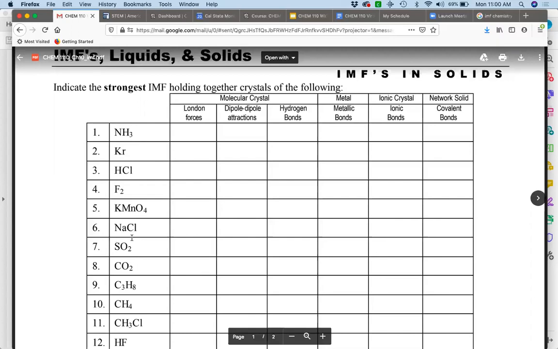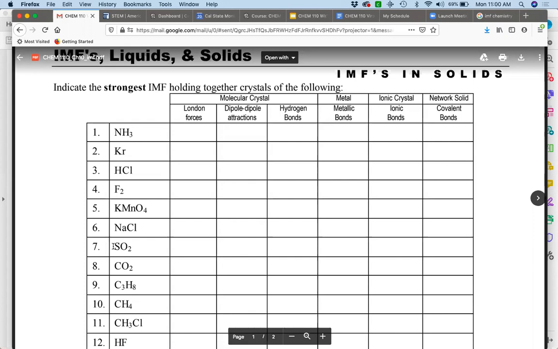So if we think about SO2, SO2 is going to be a lot like CO2. The only difference is it's going to have a lone pair on the sulfur. And so in this case, while CO2, its dipoles cancel, in the case of SO2, they're actually going to add because we have that additional lone pair on the sulfur.